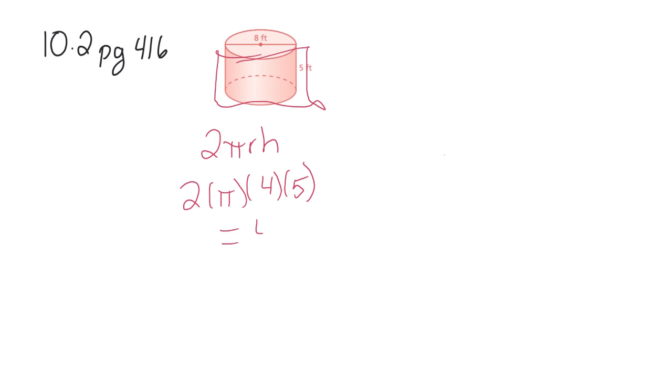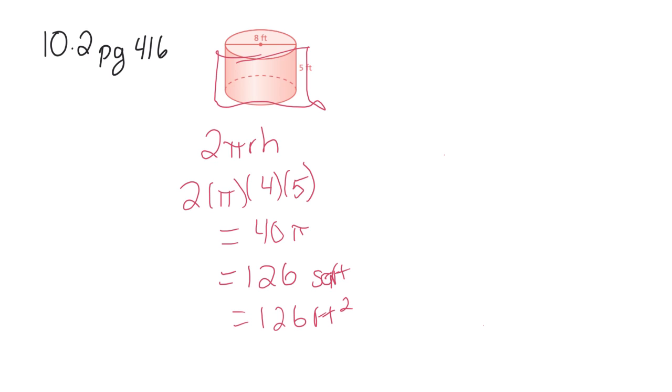You would end up with about 40 times pi, which would equal out to be about 126 square feet. That's one way you can do it. You can also do it like this. So there you go. That is how you would find the lateral surface.